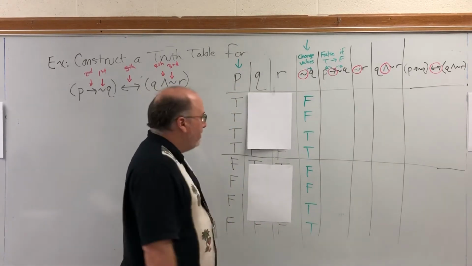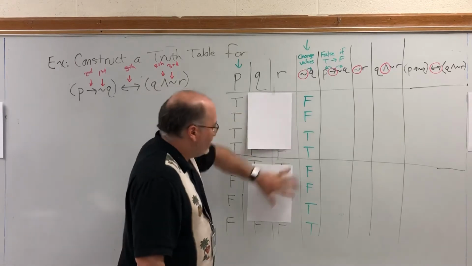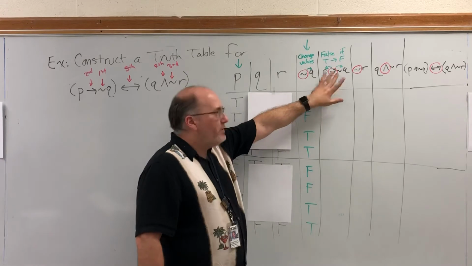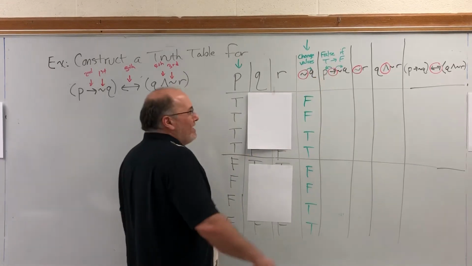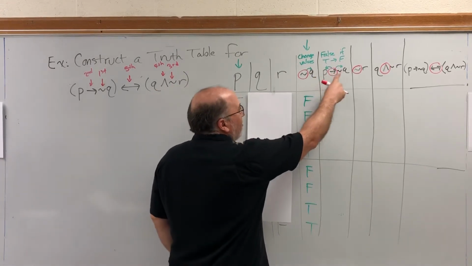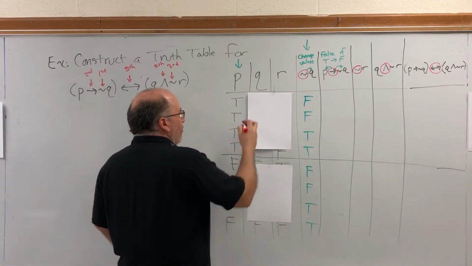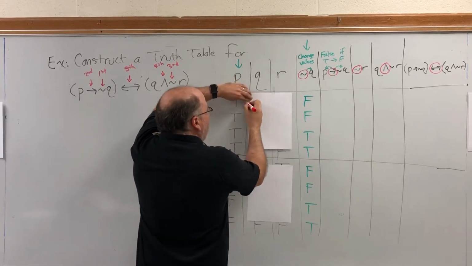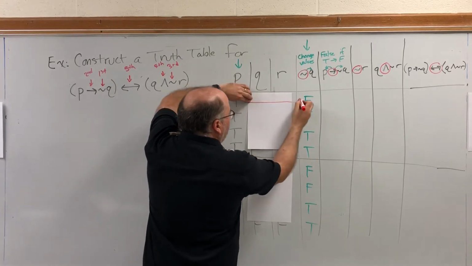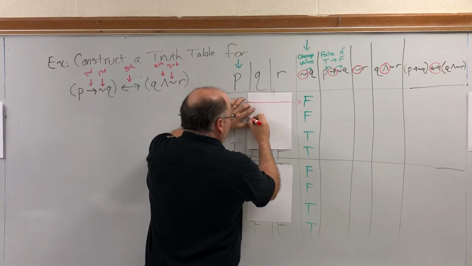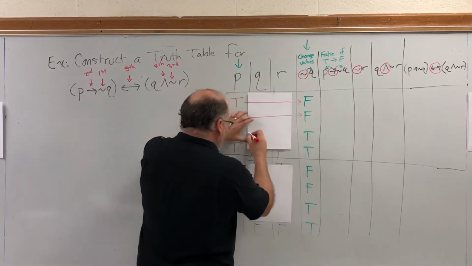Now, the only time I recommend drawing more stuff inside the table is when you have a conditional, because the order matters. We need to think about P pointing to negation Q. So what I'm going to do for each row is draw an arrow from whatever's in the P column and point it to whatever's in the Q column. Now, of course, if you're covering these with your fingers, you would have to lift your fingers.